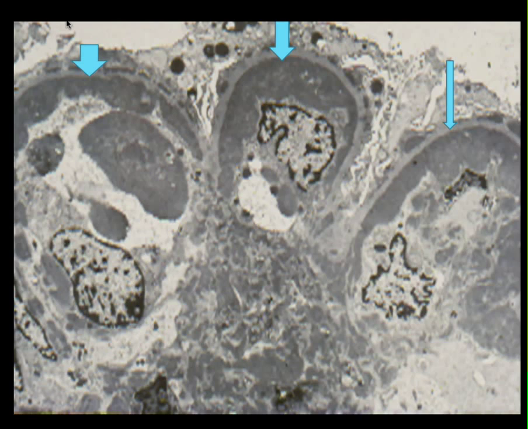Below the capillary loops is the mesangium, which contains a large amount of electron-dense material as well. We know that this electron-dense material consists of antibody to double-stranded DNA and double-stranded DNA.